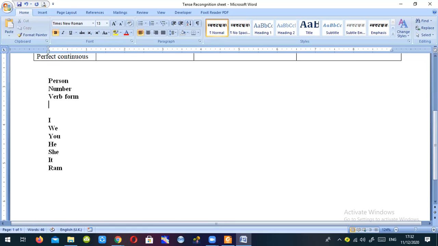And if you have to make sentences using these pronouns, then you need to simultaneously teach about number also and verb form also.